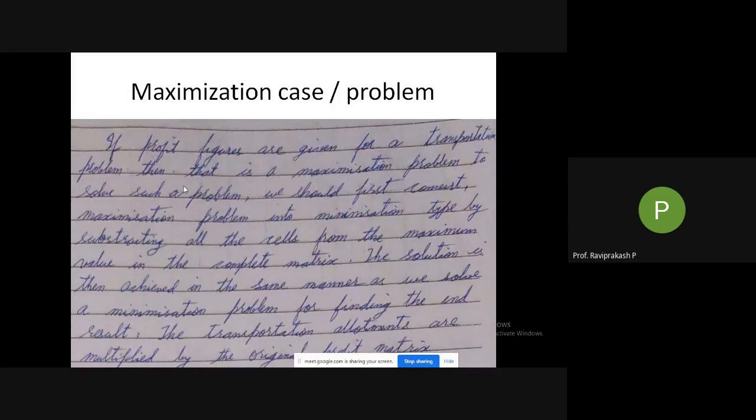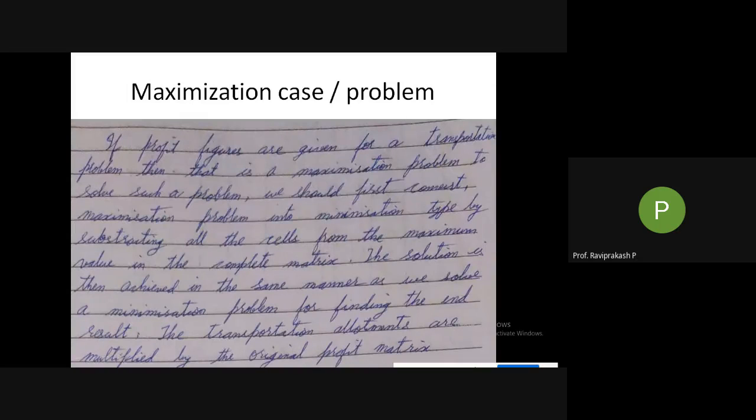To solve such a problem, we should first convert the maximization problem into minimization type.